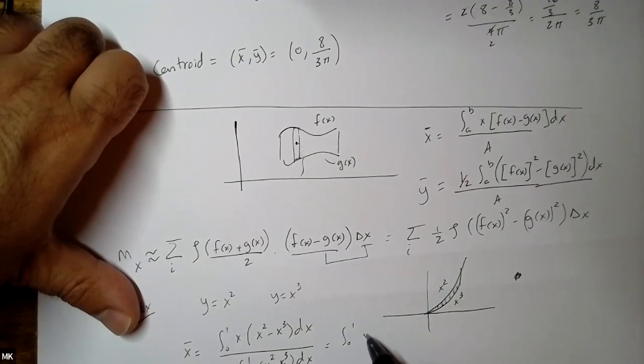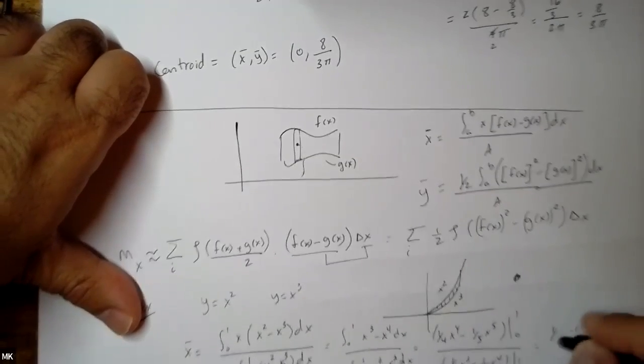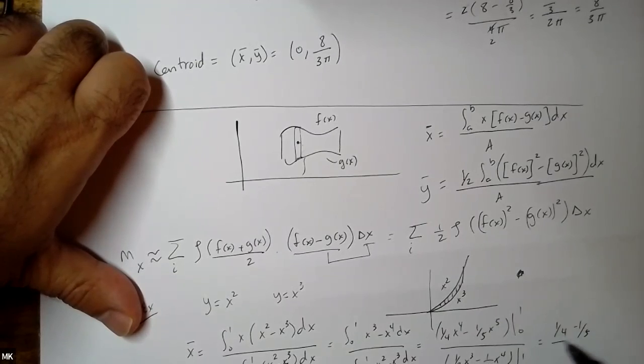So it's 0 to 1 of x cubed minus x to the 4 dx over 0 to 1 of x squared minus x cubed dx. So 1/4 x to the 4 minus 1/5 x to the 5th from 0 to 1, over 1/3 x cubed minus 1/4 x to the 4 from 0 to 1. That is 1/4 minus 1/5 over 1/3 minus 1/4. You have 1/20th over 1/12, 12/20th or 3/5. That's going to be my x bar.